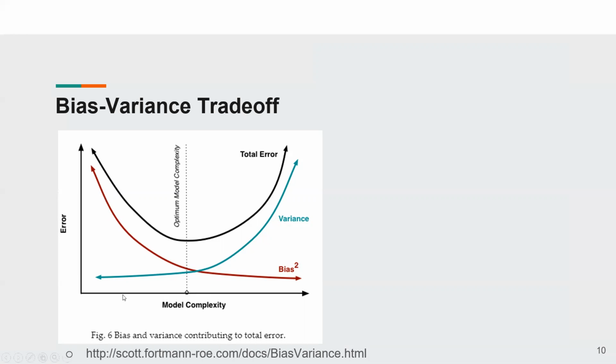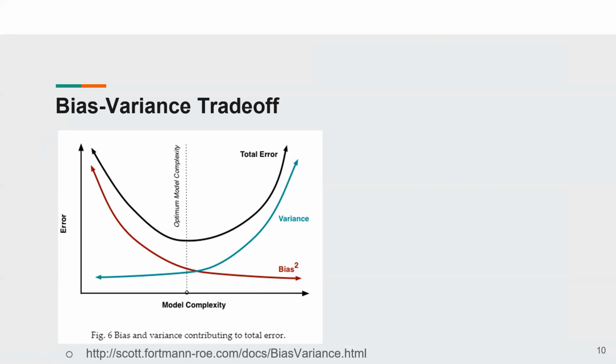Because when the model becomes too complex, you tend to overfit your data, and it's going to lack generalization capability, and as a result, it has a higher variance. Again, we're trying to find the model complexity that generates the minimized total error.